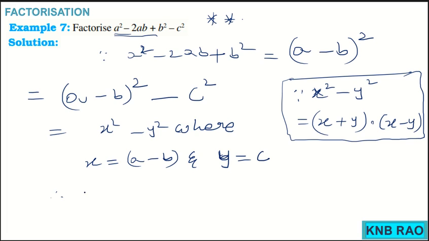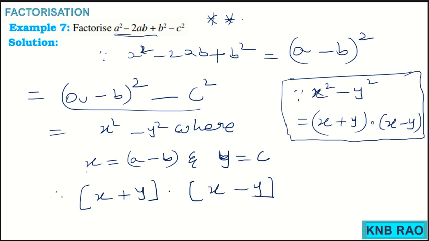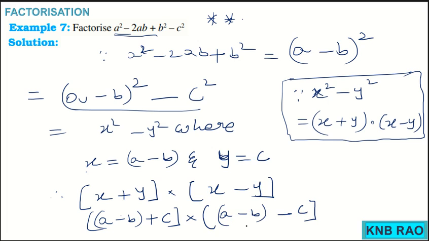Thus, we can factorize this as x plus y into x minus y, where x is substituted back as a minus b and y is substituted as c.